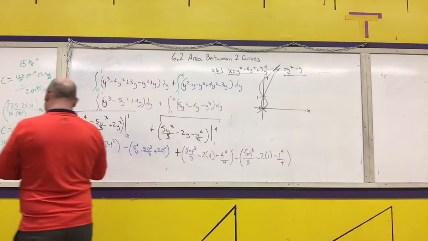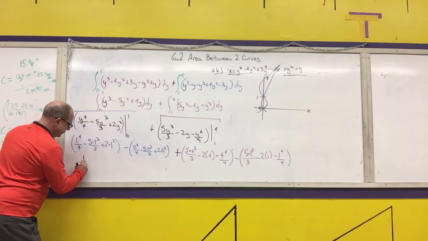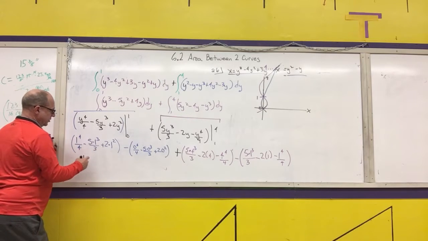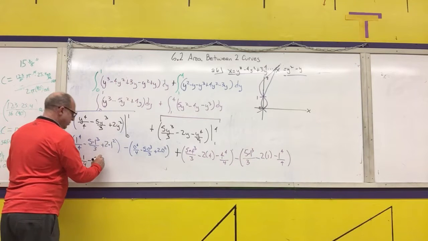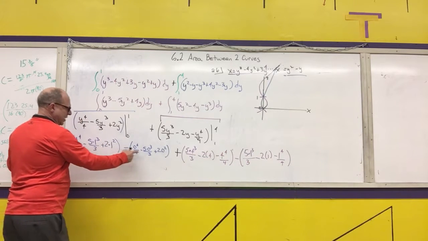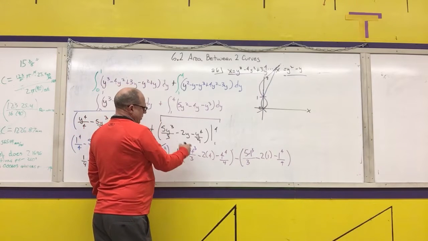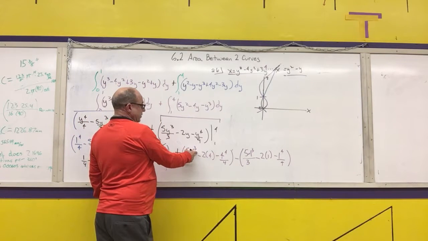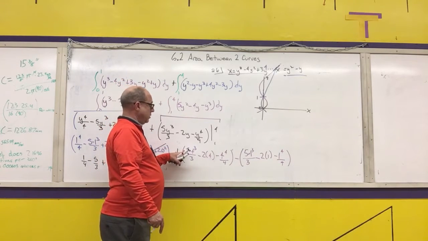Simplifying, I get 1/4. I get 5/3. So that's negative 5/3 plus 2 minus 0. This is 64 times 5 over 3.